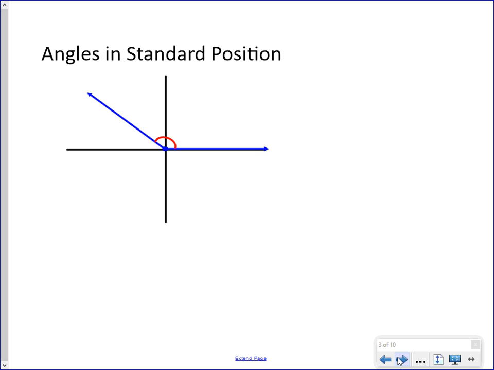Okay, first thing we're going to talk about are the angles in standard position, so that we're all understanding angles and thinking of angles in the same way. So we're thinking about angles on an XY coordinate plane here in Honors Pre-Calculus.